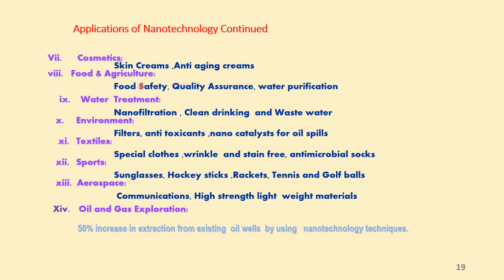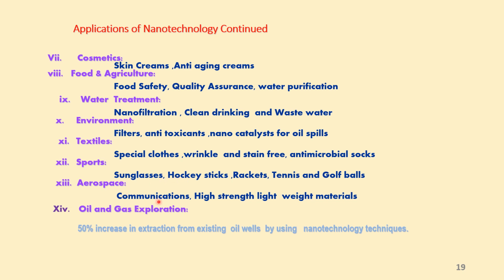Food and agriculture industry, and for water purification also, water treatments. In environmental, nanocatalysts, textile industry to make wrinkle-free clothes or some special kind of clothes. In sports, to make sunglasses and also rackets of tennis and hockey sticks, golf balls. So there also the nanomaterials are used.